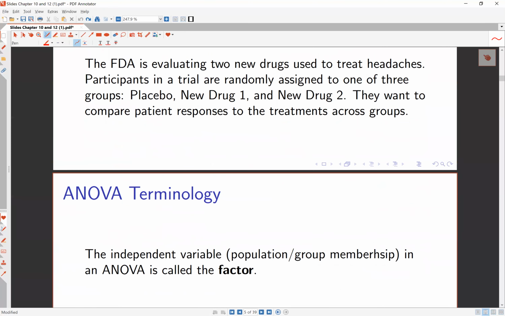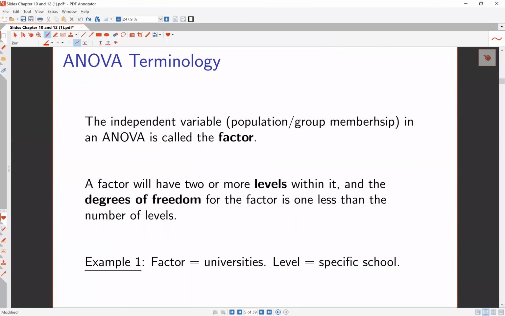So some terminology that you're likely to come across in ANOVA world is people sometimes use special terminology to describe the populations and how they differ from one another. So you'll often see in ANOVA literature the use of the word factor, and factor is just the independent variable, which in the case of ANOVA is a reference to which population or group membership we are referring to.